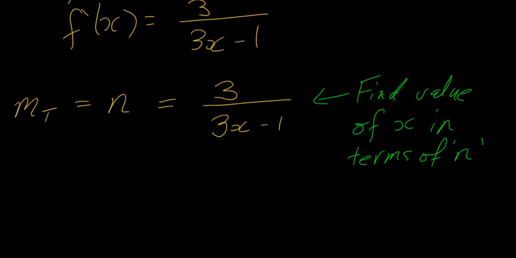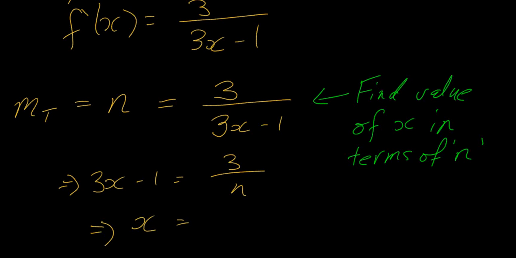Solving for this, let's see what it gives us. I'm going to take 3x minus 1 to the other side, and take n to the right. Rearranging to make x the subject, we're going to get 1/3 over 1 plus 3 on n.